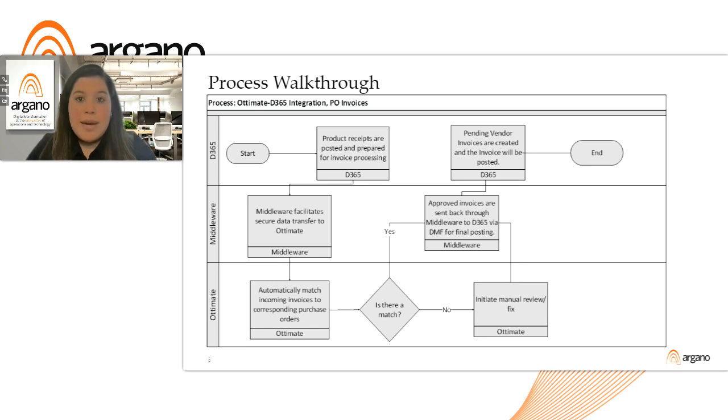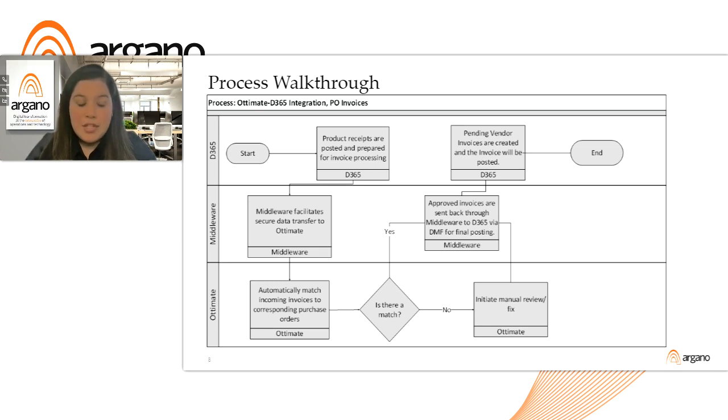And that will go ahead and match with the PO. If there is a match, the approved invoices will be sent back through the middleware to D365 using, again, DMF. Once the pending vendor invoices land in D365, they can either be posted by the user manually, or they can be posted using the vendor invoice workflow.